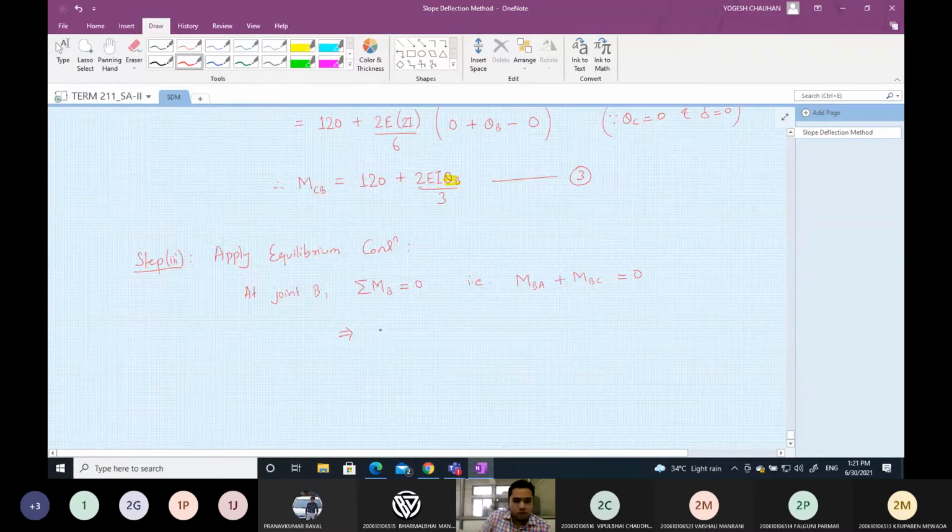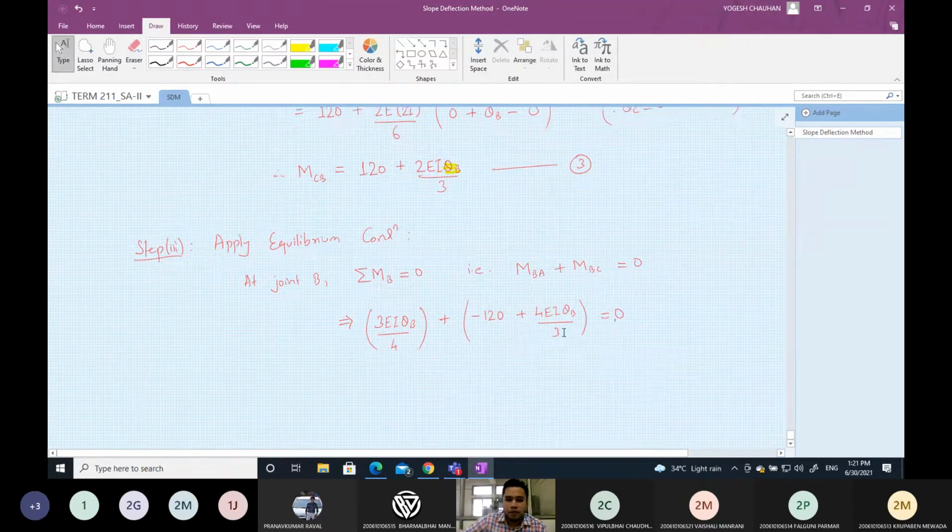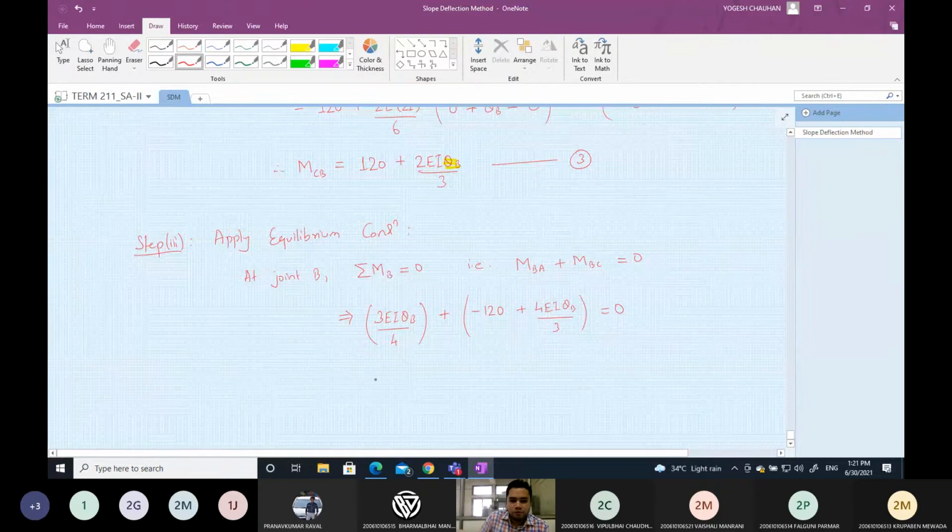So this will be 3EI theta B by 4 plus minus 120 plus 4EI theta B by 3 equal to 0. Now you can find EI theta B from this.